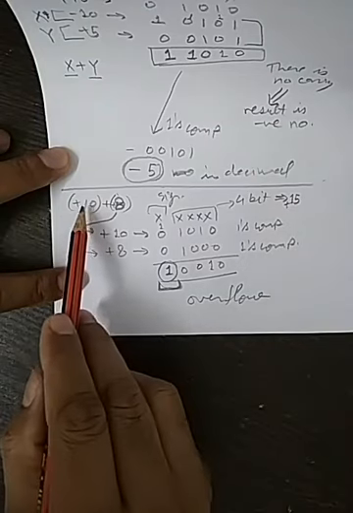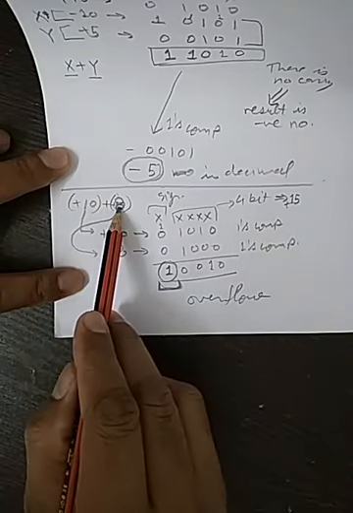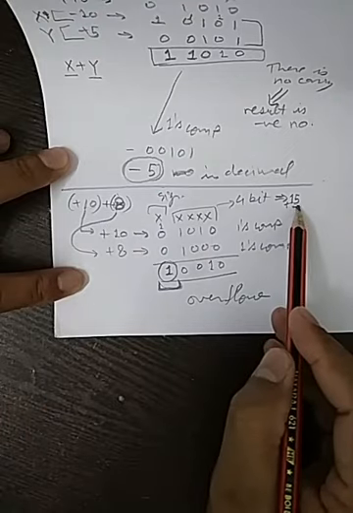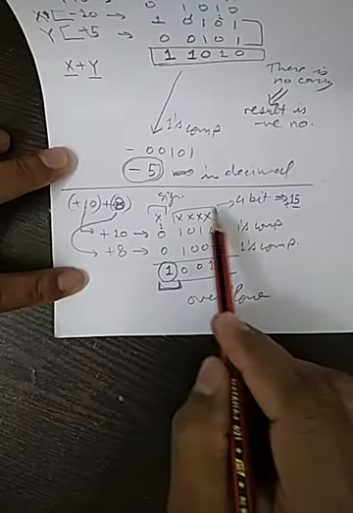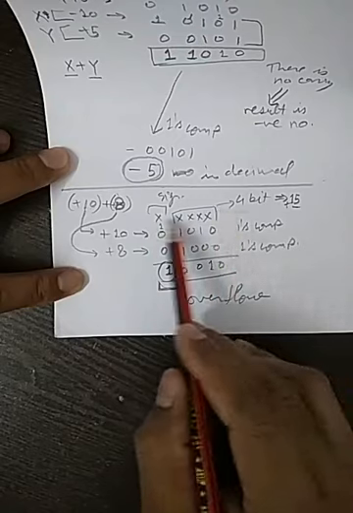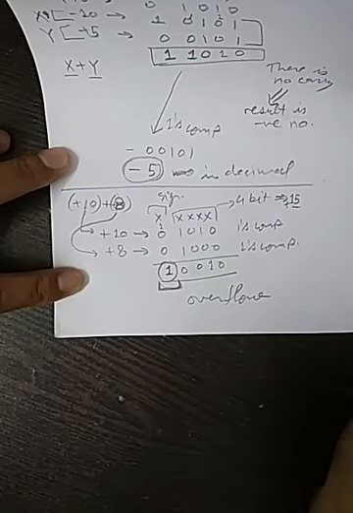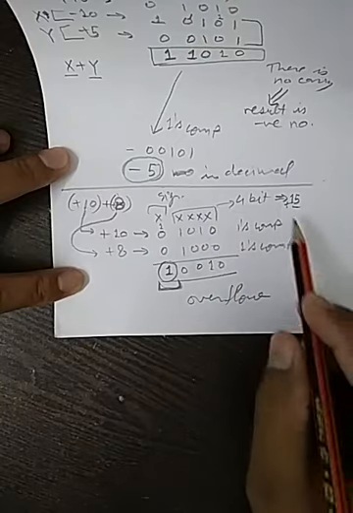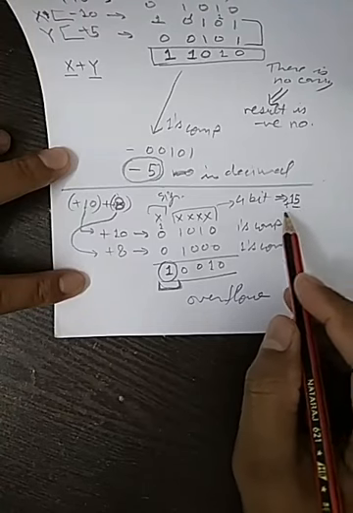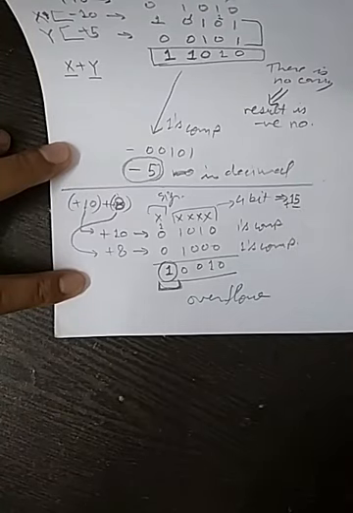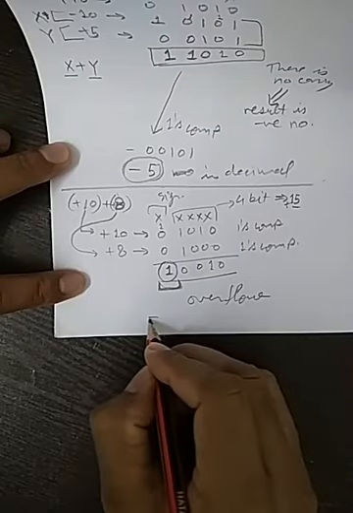So we can see over here, my sum is coming out to be 18, more than the capacity of the given number of bits. Using these bits, I can represent only up to plus 15. So overflow will come. But in the hardware, how will I come to know if overflow is happening or not?